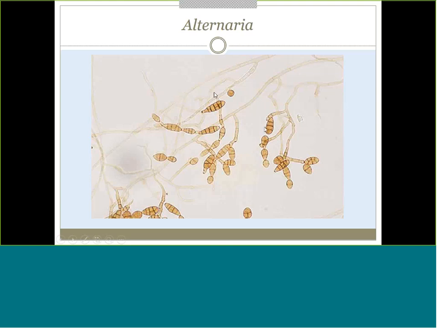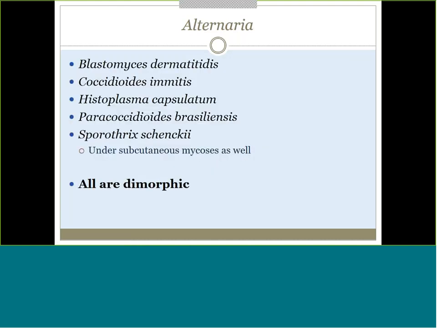It's a little bit more rounded at the one end, and then it's definitely got this brown pigment to it, whereas Microsporum canis, you have to stain it to get it to look like a different color. So I would make sure you are aware of Alternaria.